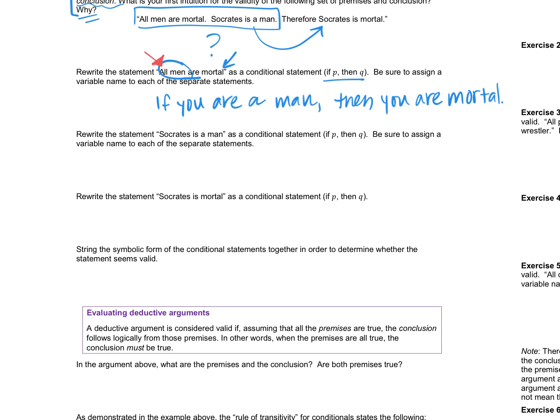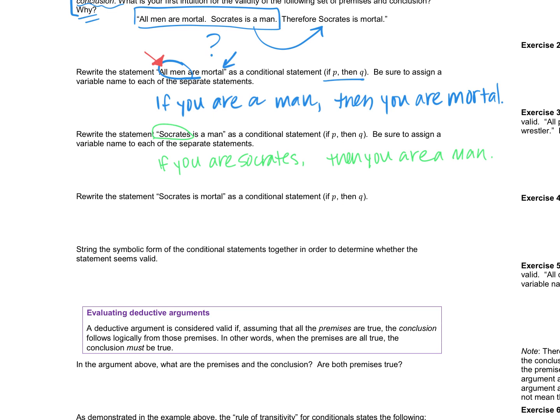Now, we could do that again for our statement, Socrates is a man. So if you are Socrates, then you are a man. And I noticed that I forgot to give the variable names.